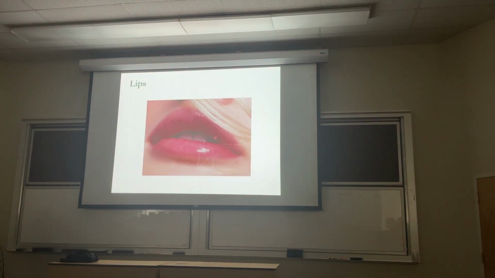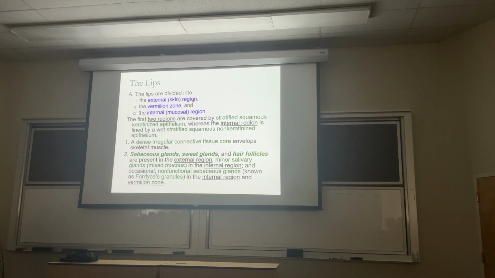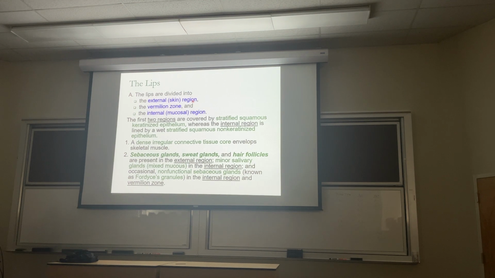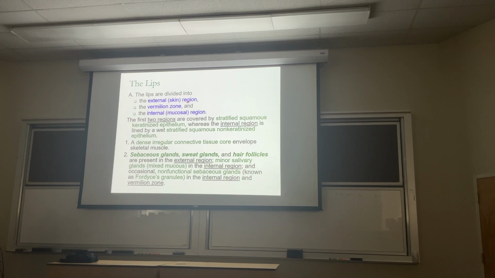Here are the lips, and they are generally divided into the external or skin region. This region would have hair follicles and sweat glands and sebaceous glands. This is pretty much like a regular skin area.